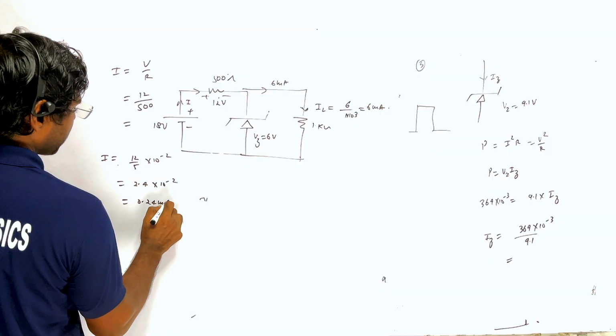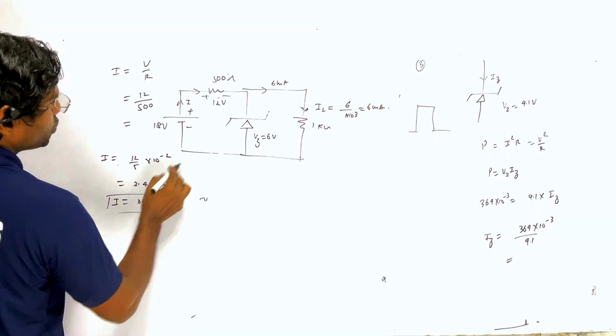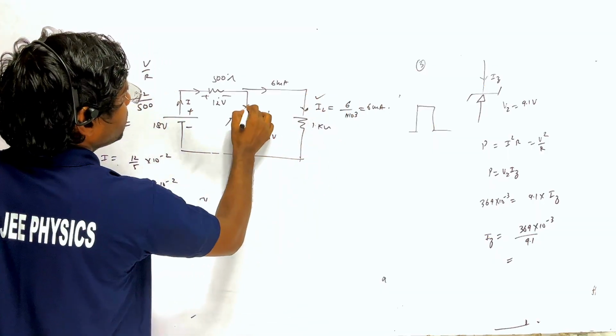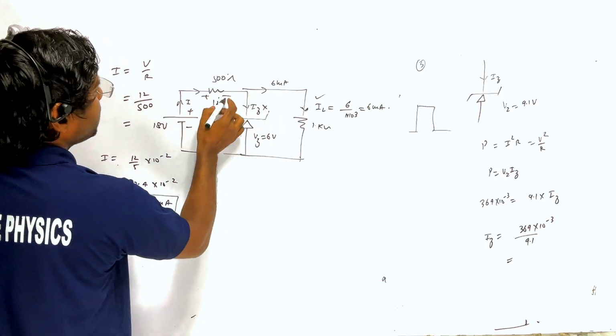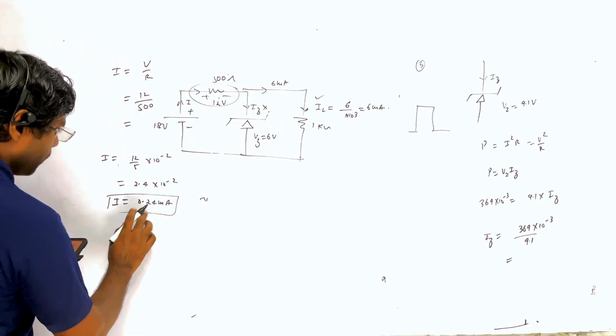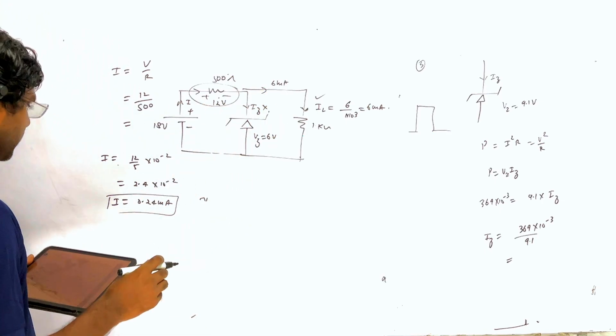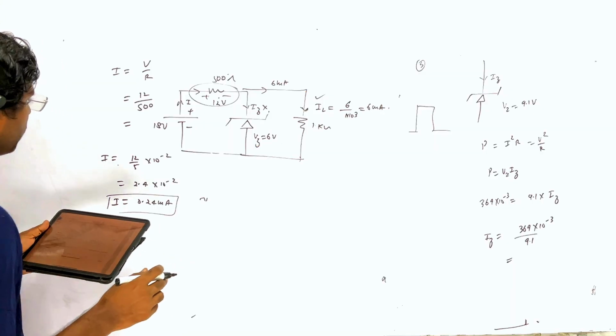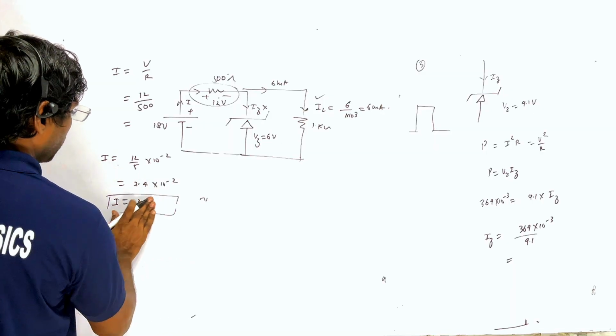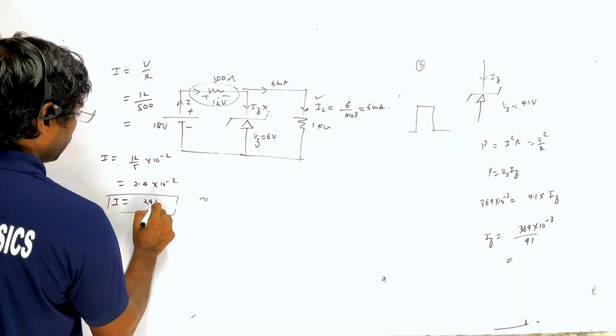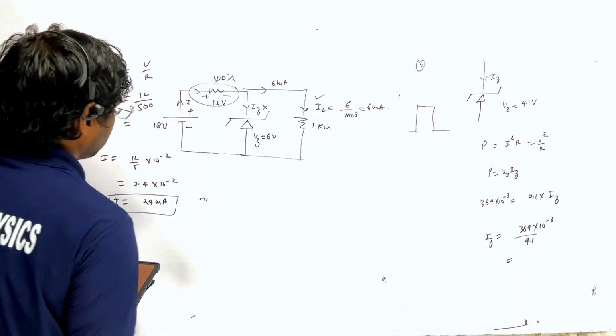So they are not asking the load current, they are not asking the Z current, they are asking only this current. Wait for 1 minute. 2.4, right? 24 milliampere is the correct answer, right?